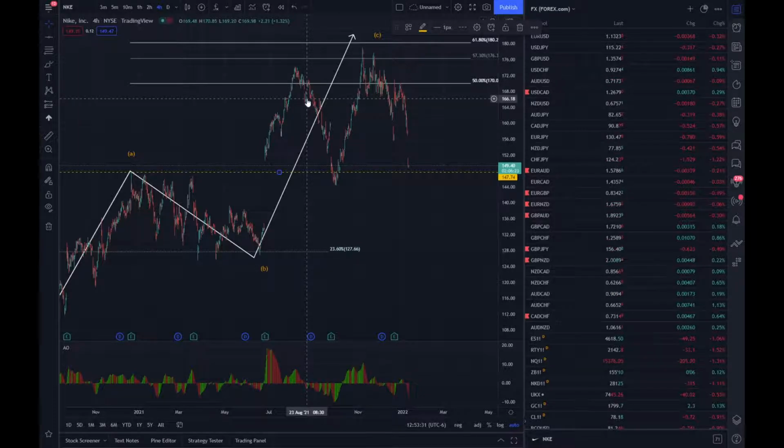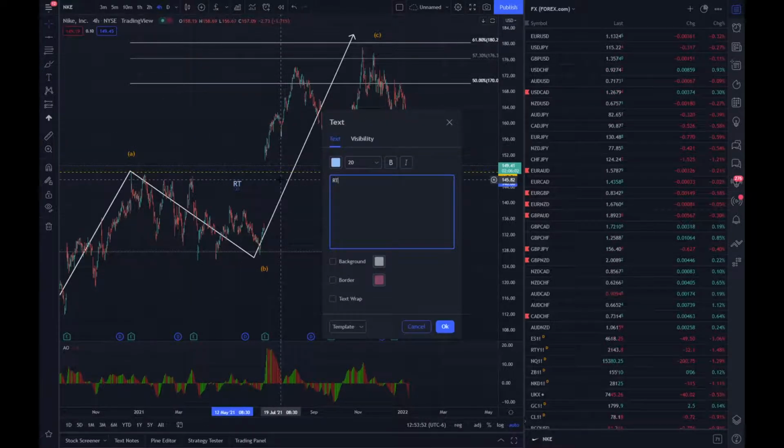You can call it a correction, retracement, whatever. But lo and behold, it wasn't exact here, but it was pretty close. Within a few percentage points, the price bounced and moved higher. This is exactly what we would call resistance turned support, or RTS for short.